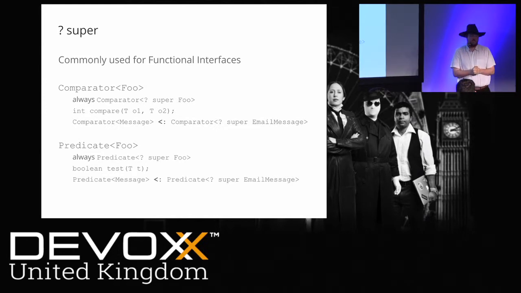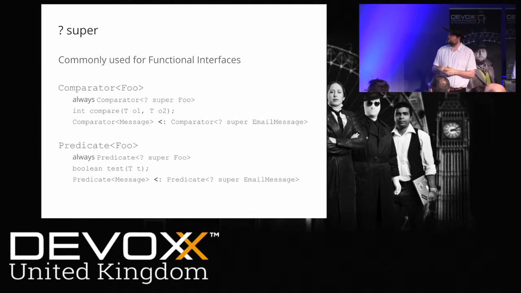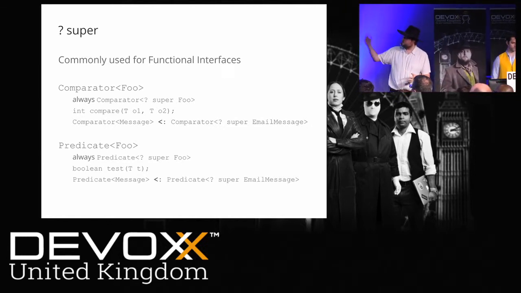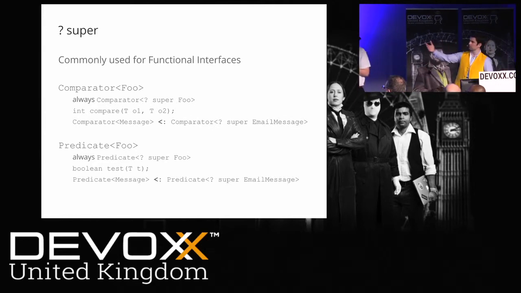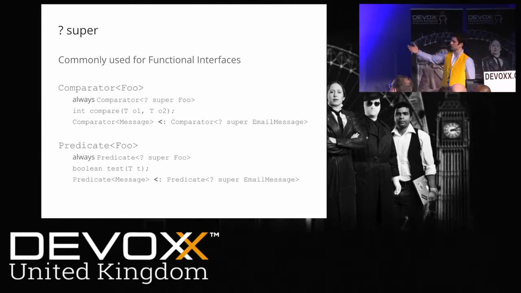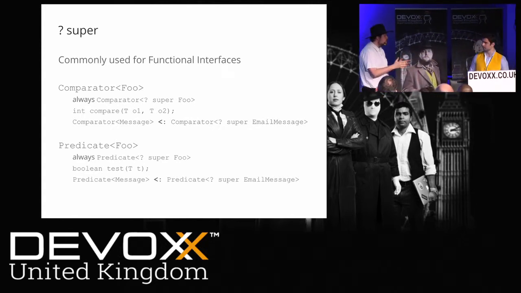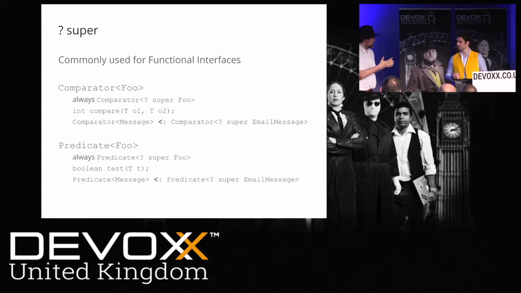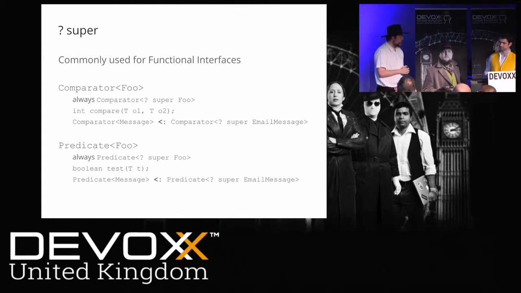And often it's best to declare these types with super, the type super Foo, that kind of thing. But it turns out that those functional interfaces, they should always be annotated with super, isn't it? We always want to have that flexibility. Strictly speaking, you can sometimes get away with not doing that, but strictly speaking, they probably should be.